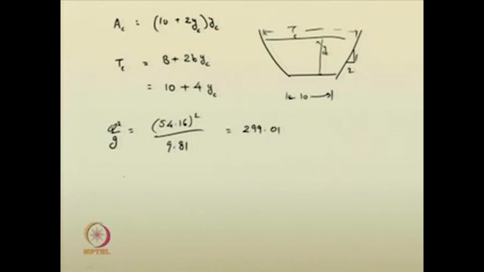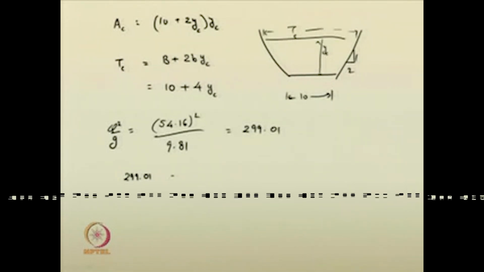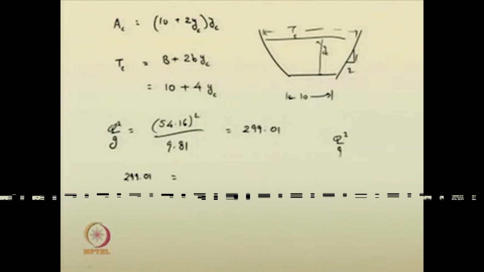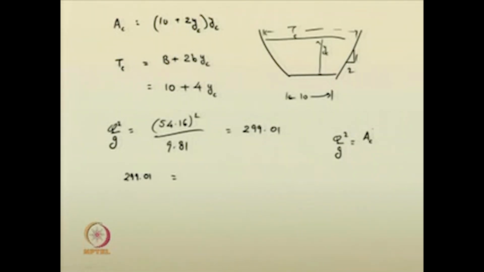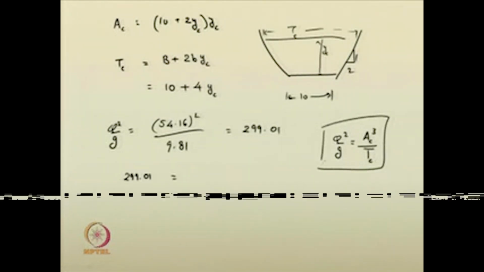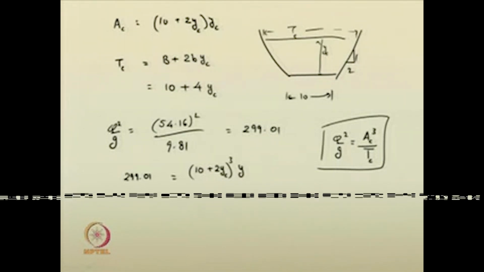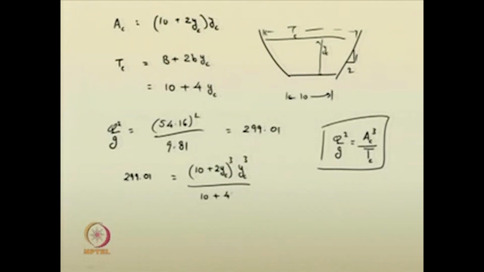So, you can write this as 299.01 is equal to, for your benefit I am writing it again, A c cube by T c. In this relationship, the things are substituted, 10 plus 2 y c whole cube y c cube by 10 plus 4 y c. I can use the iterative scheme to compute y c now.